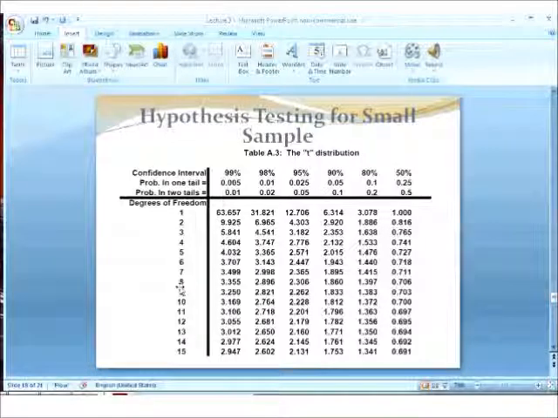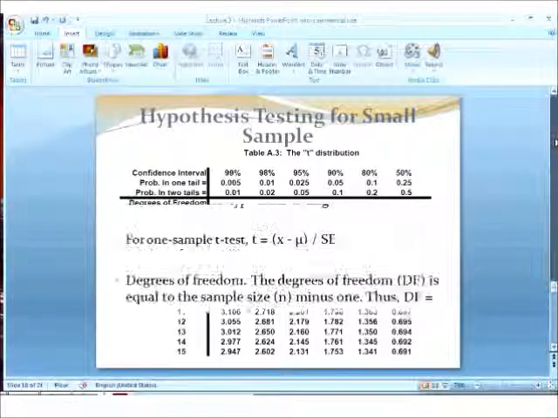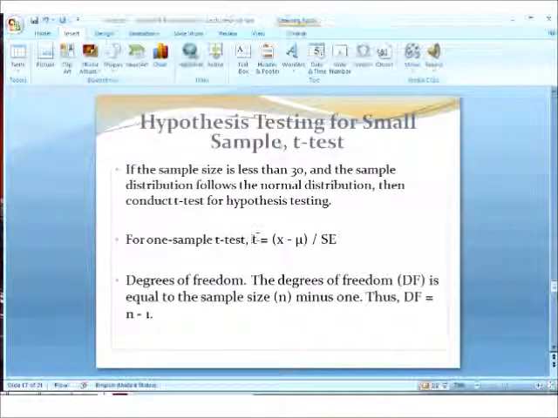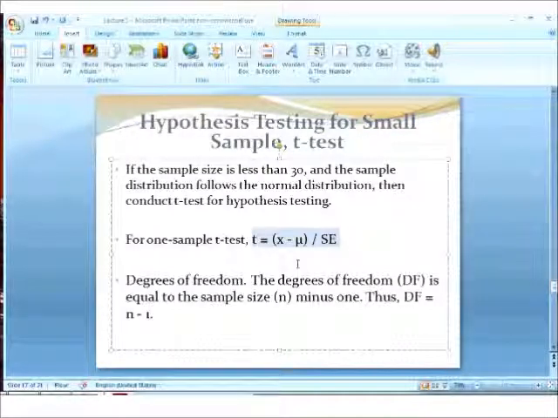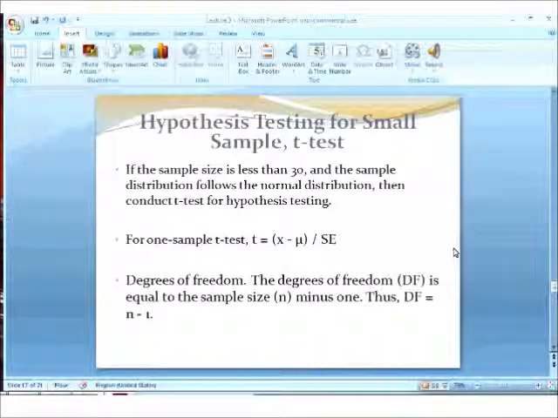So for a degree of freedom of 8, and for a one tail test with 95% confidence level, the t-value is 2.306. So we get a standard t-value from here. We compute our t-value based on this equation, we compare the two, and then we either accept or reject the null hypothesis. And this happens in the case of a smaller size of data.